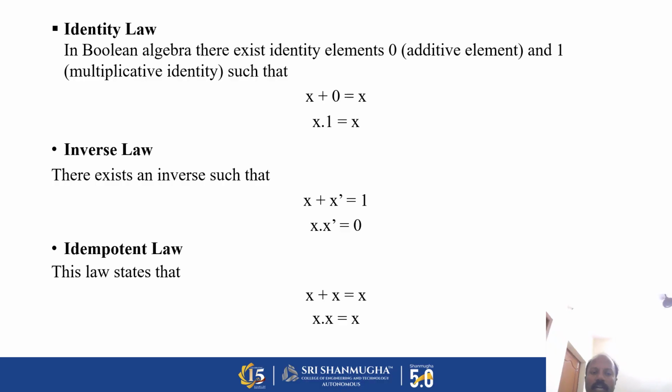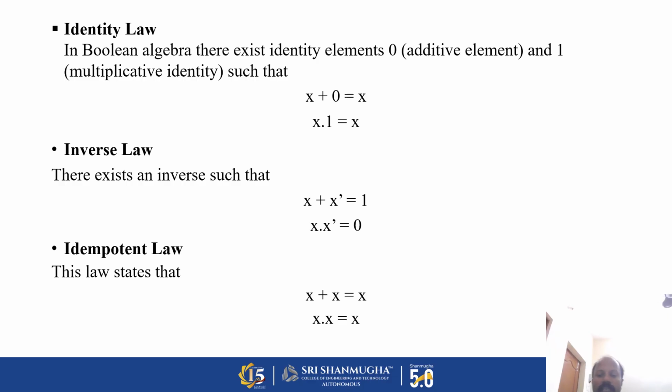In Boolean algebra, there exist identity elements 0 and 1 such that x + 0 = x. Similarly, x · 1 also will be equal to x. That is nothing but identity law.